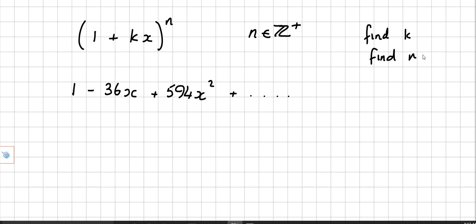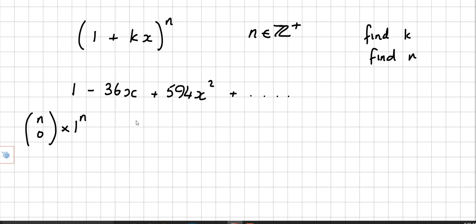Alright. So the information we've got. If we did our expansion, the first one would be nC0, which we know is 1, and it would be multiplied by 1 to the power of n, which is going to be 1. So that piece of information does not help me at all. Because it'd be 1 times whatever n is, it's going to end up being 1. So there's nothing there.